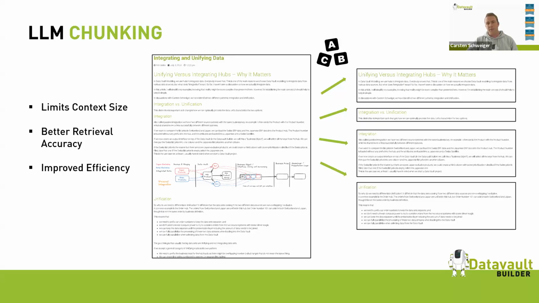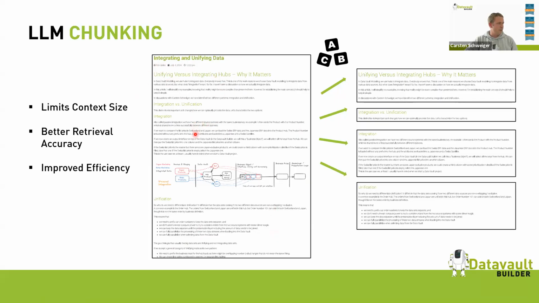And from our experience, the best format is also like to have a question and an answer in your knowledge chunks, or have a speaking header and tags and then the context for it. For example, here, you cannot read that, but I can explain. This is an article of our knowledge base. It's about integrating and unifying data.